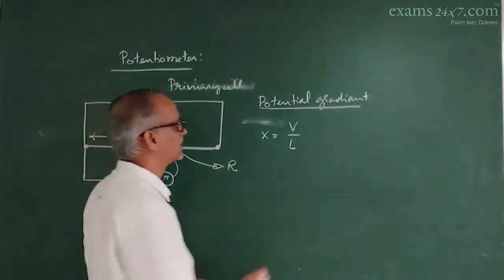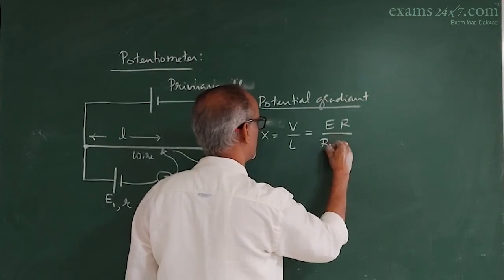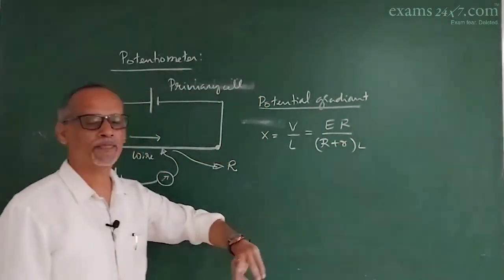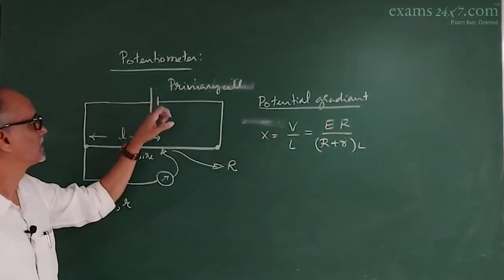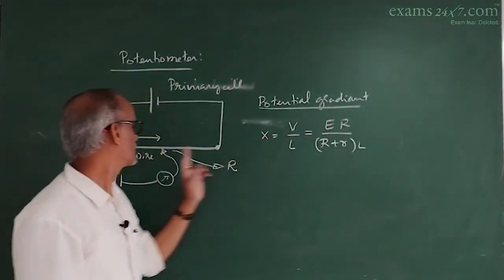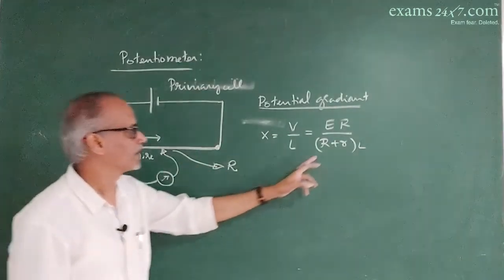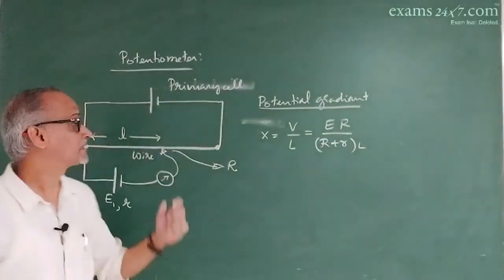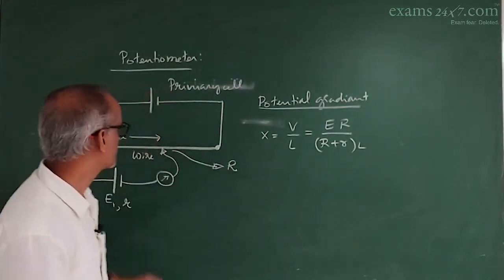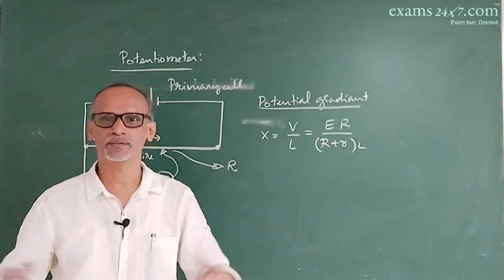Now what is the potential difference? Potential difference is nothing but ER by R plus r into L, where E is the EMF of the standard cell, R is the resistance of the potentiometer wire, r is the internal resistance of it, and L is the total length of the potentiometer wire.